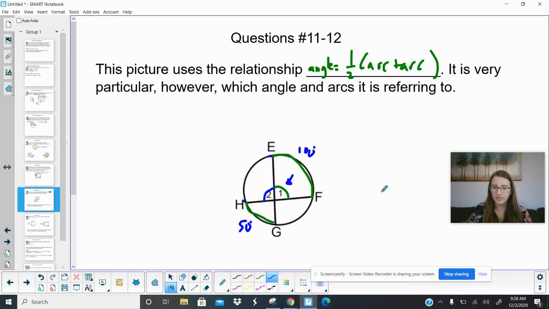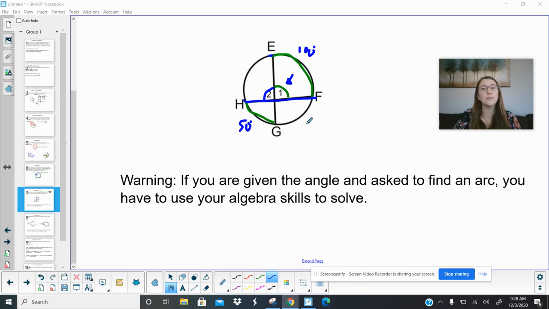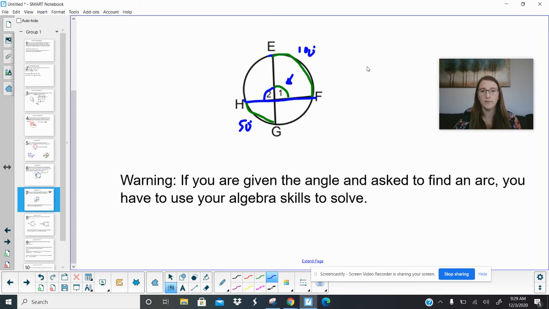You may want to ask me about this one. It has to do with the fact that what these two angles add up to together, because they make a straight line. But again, with these questions, you had to be really careful on what you're being asked to find versus what you are given. So this is the relationship. You may need to ask me, though, if you're still not sure where to go from there.